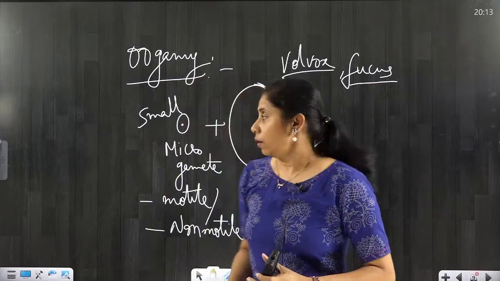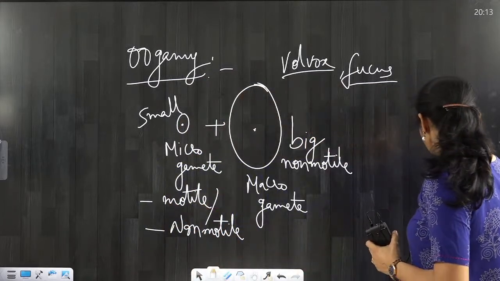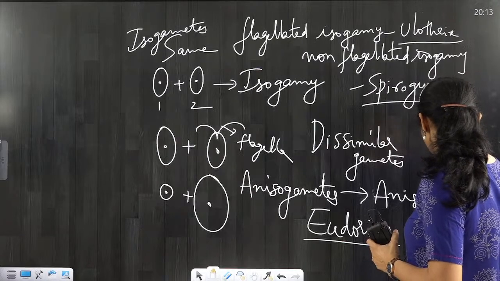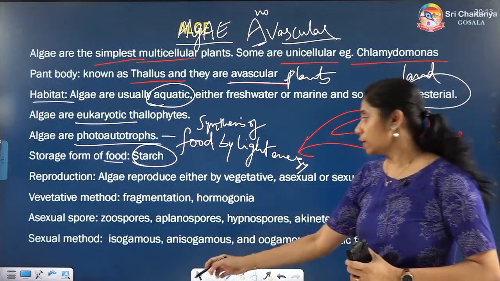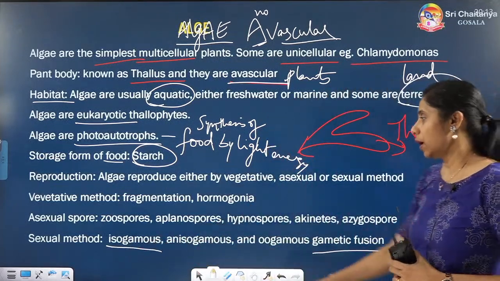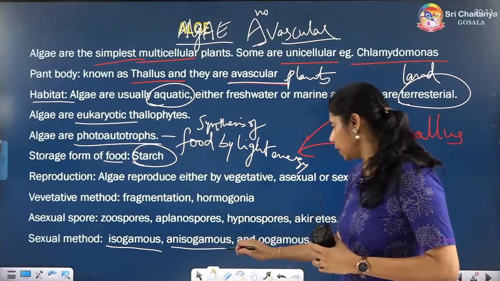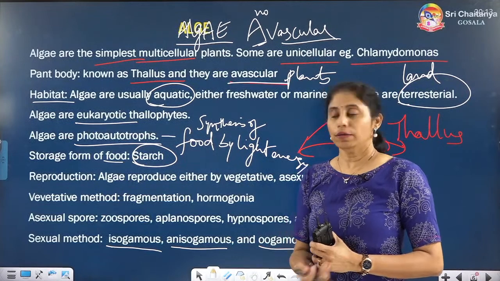Okay, that's it about the three types of reproduction in algae. So all of you can see here, the sexual method is done by gametic fusion basically, and it is isogamous type, anisogamous type and oogamous type. So any method they can follow for sexual reproduction.